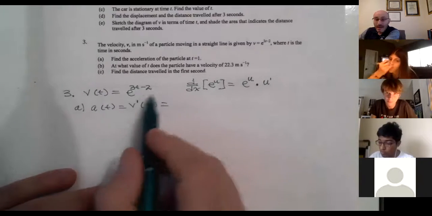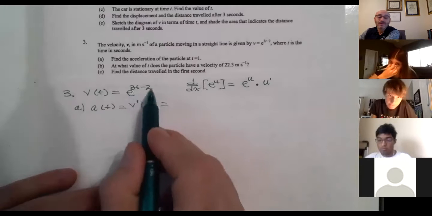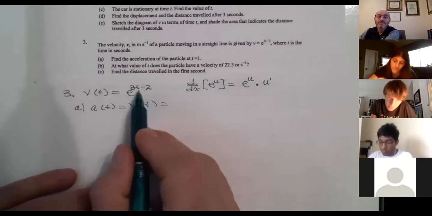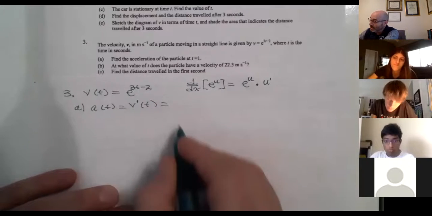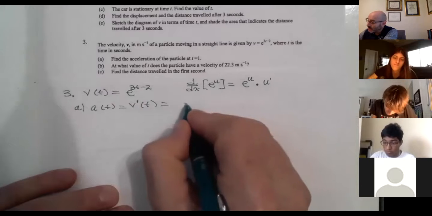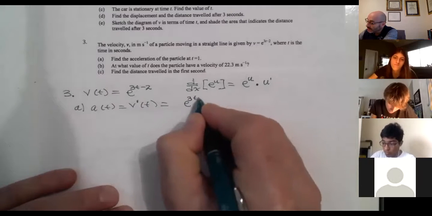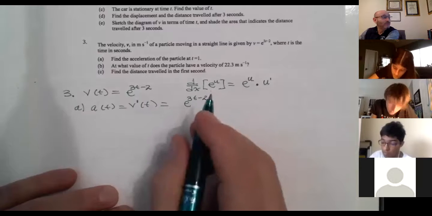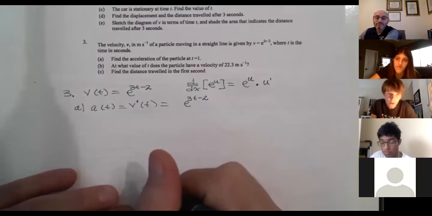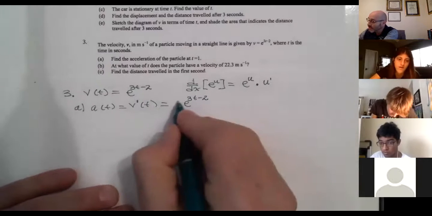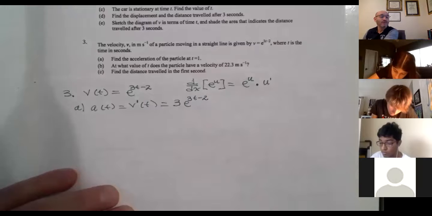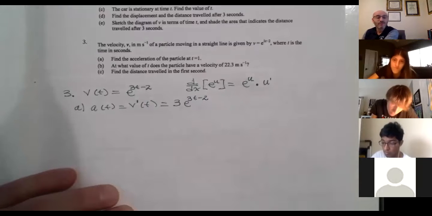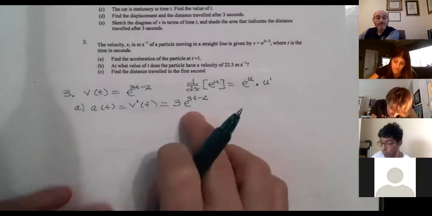So in our case, u is 3t minus 2 for this function. So the derivative is going to be e to the 3t minus 2, times the derivative of 3t minus 2, which is 3. So this is just 3 e to the 3t minus 2, and this is the acceleration.